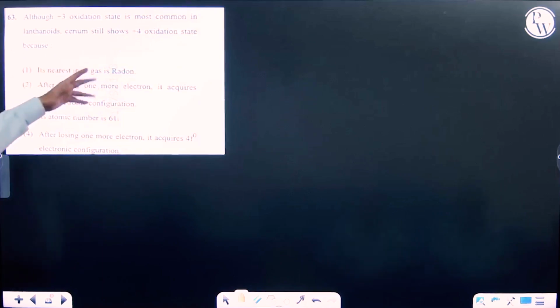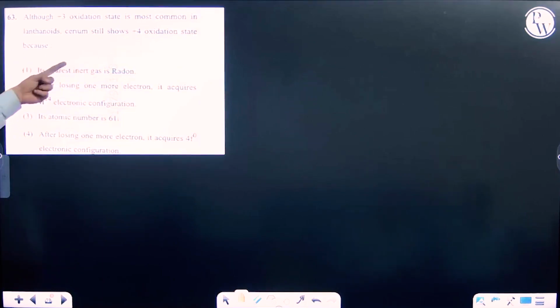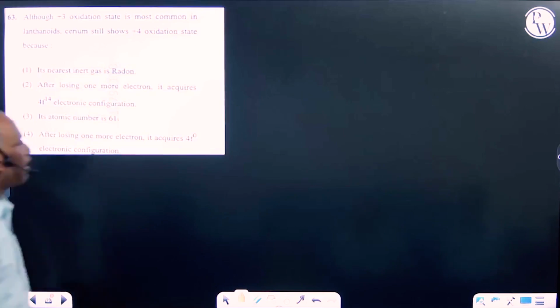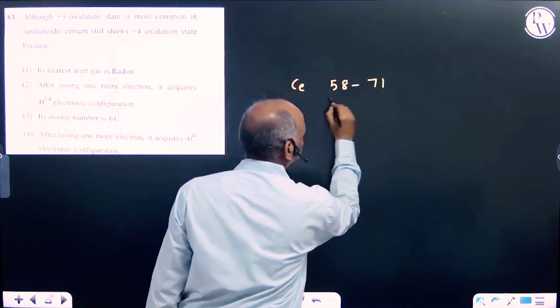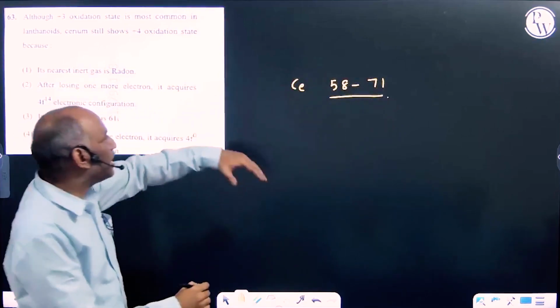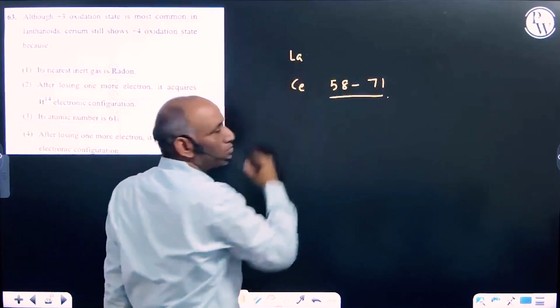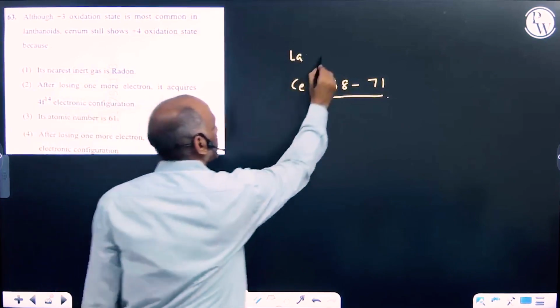Although the +3 oxidation state is most common in lanthanoids, cerium will show the +4 oxidation state. Hope you are familiar with this. Cerium is the first lanthanoid element, because you have cerium 58 to 71. And this is the element which comes after lanthanum, and lanthanum is 57.